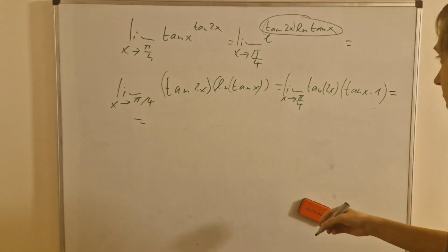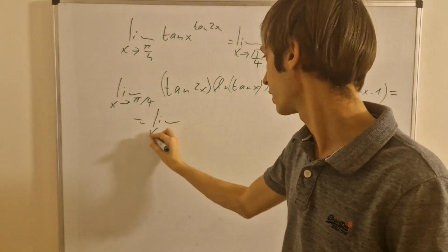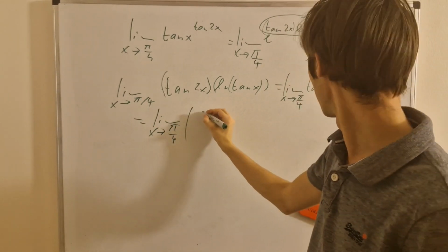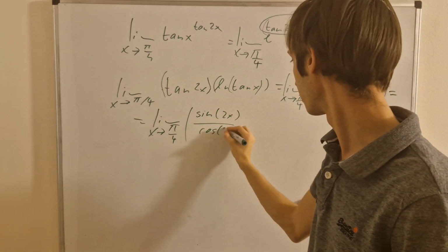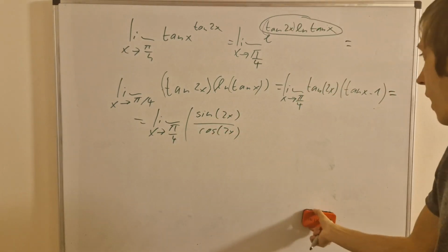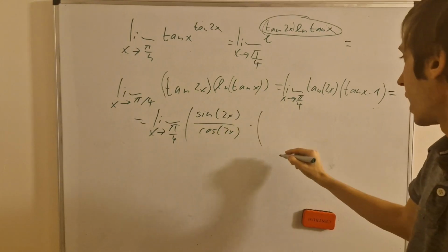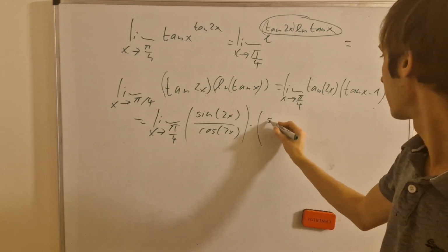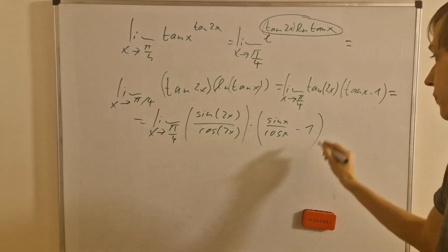So let's see how we can first rewrite things. Well, actually, if we want to just rewrite everything, we can do this. We can still do sine 2x over cosine of 2x, because this will actually go to 1, so that's quite nice to realize, times, that's still all inside the argument of the limit, sine x over cosine x, that's tangent x minus 1.